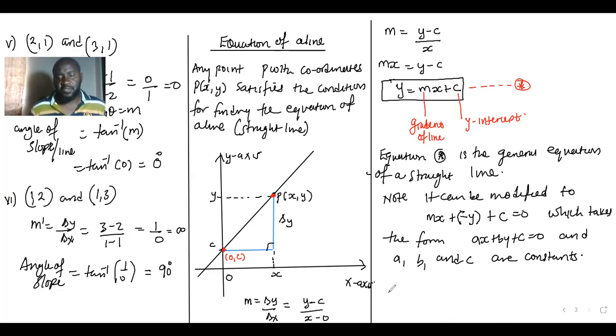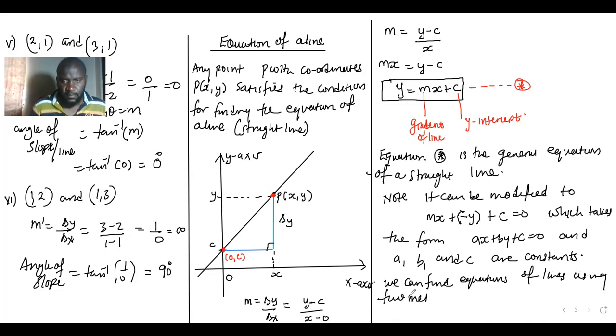So we can find the equations of the line, or equations of lines, using two methods. One is by comparing with the equation y is equal to mx plus c.